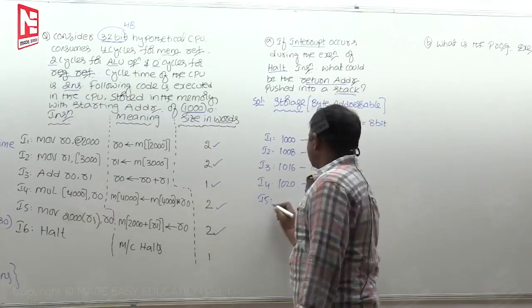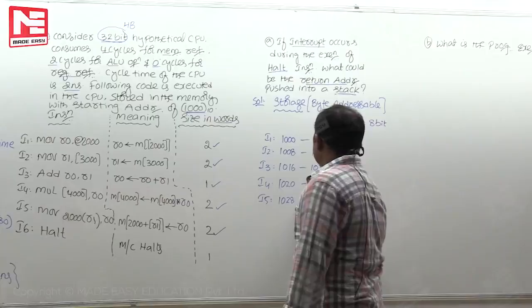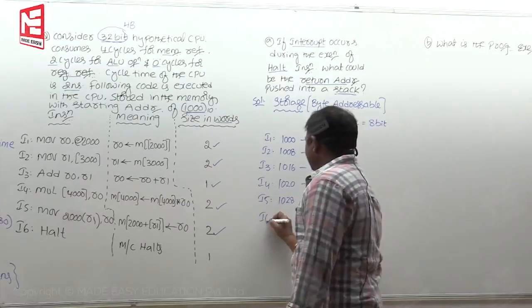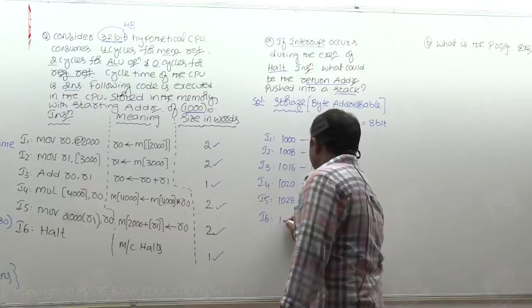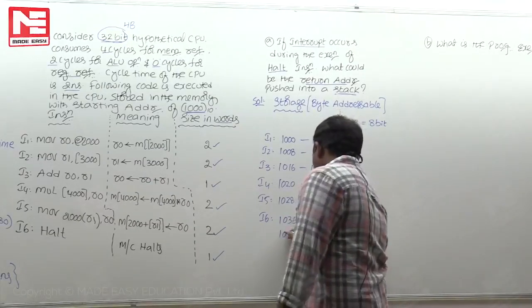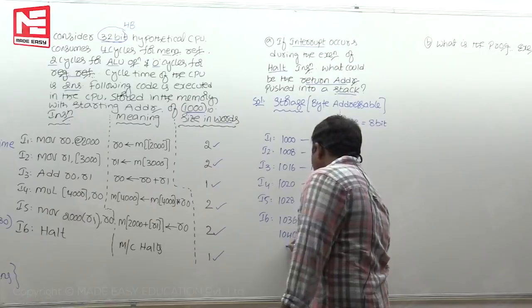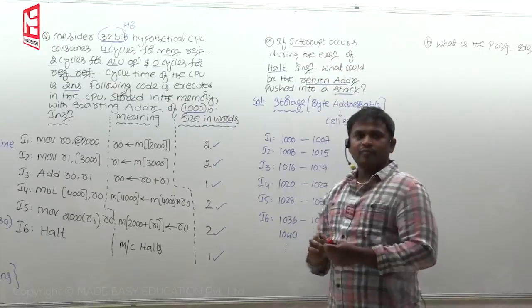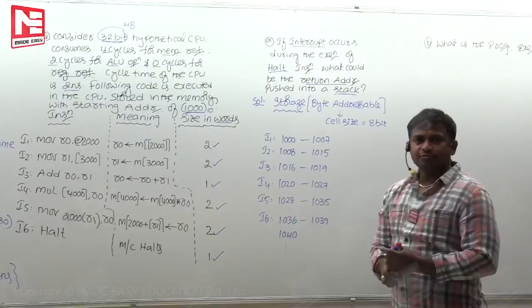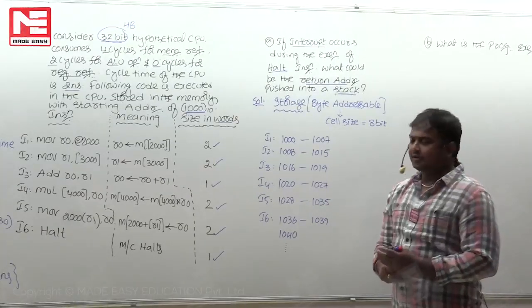Next, two words, 1028 to 1035. Next, one word: 1036 to 1039. Next in sequence is 1040 and so on. Clear now? So this is the program storage in the byte addressable memory.